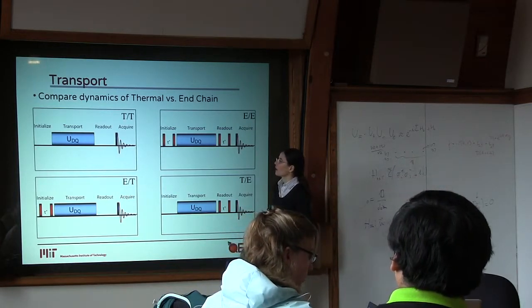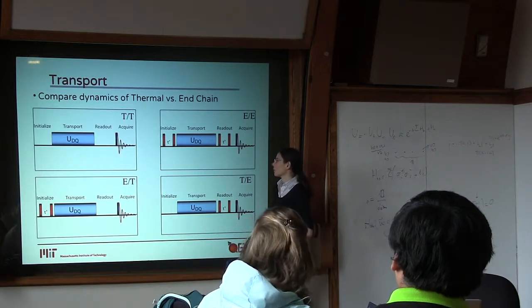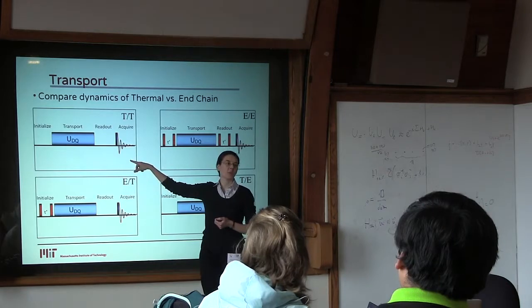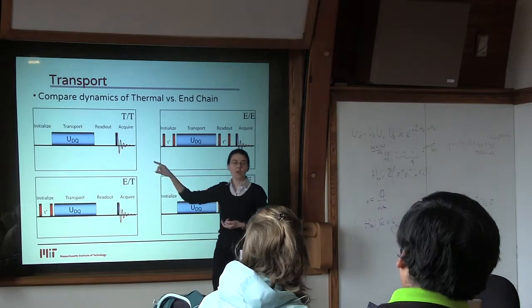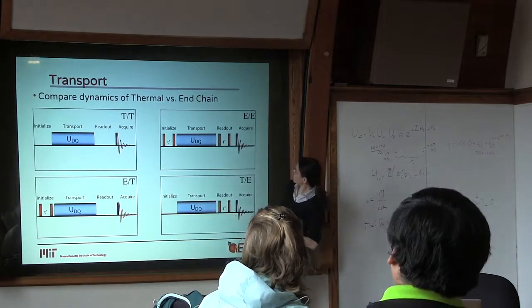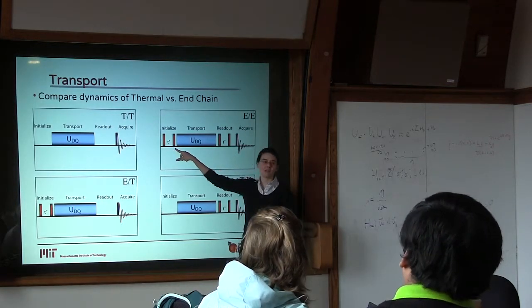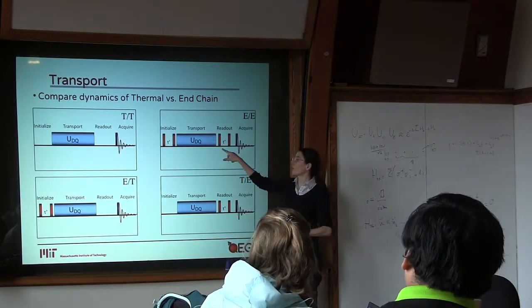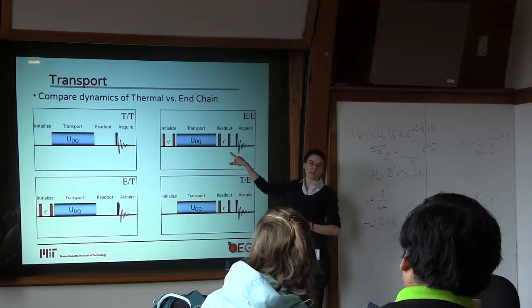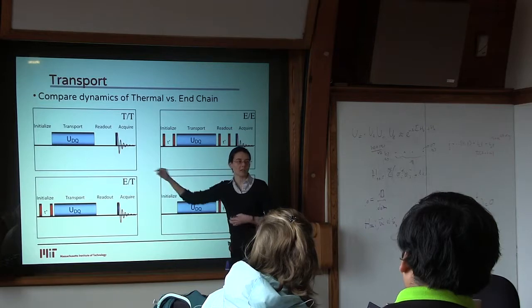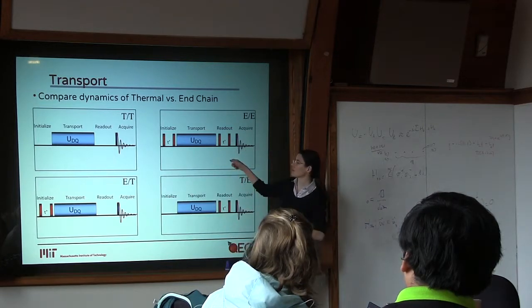So then what we do is this transport protocol, and what we really wanted to do was to compare a protocol in which we do not do anything to initialize our system, and we do not try to measure the spin at the end of the chain, with the case in which we do initialize the spin at the end of the chain, and we do measure only the spin at the end of the chain. This is not what we want, but it's a control protocol, and this is what we want.